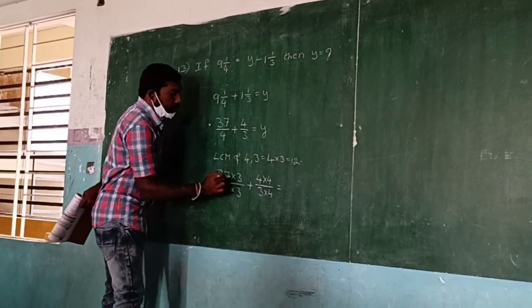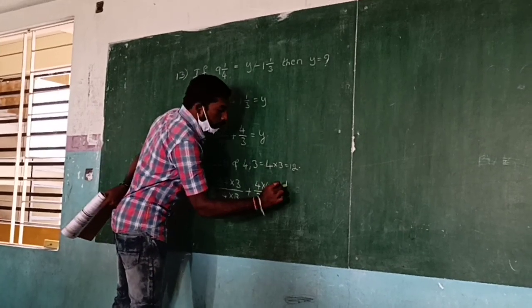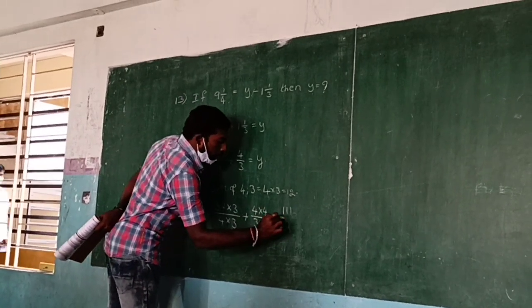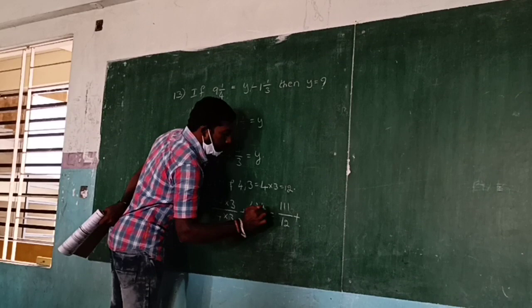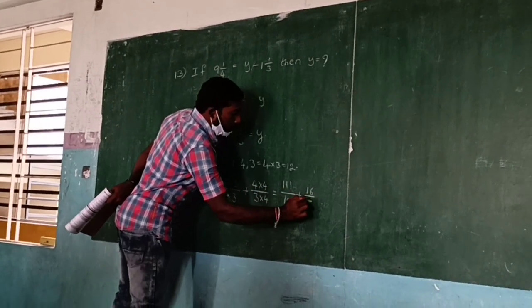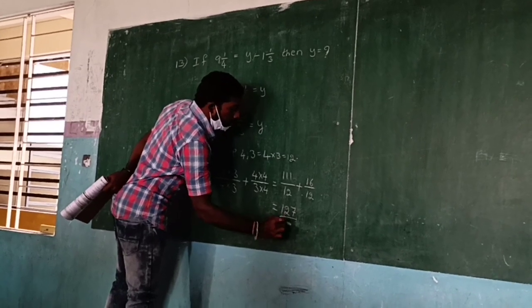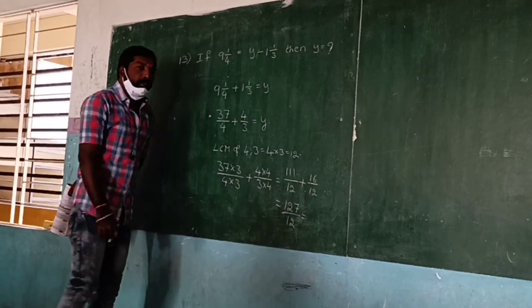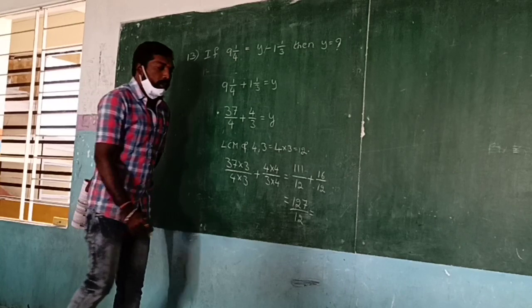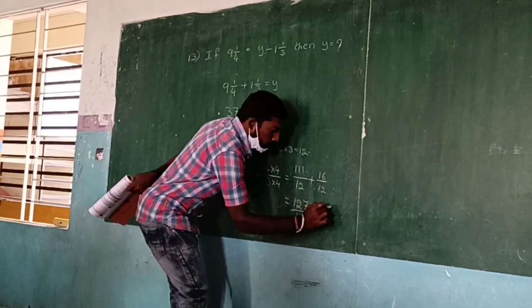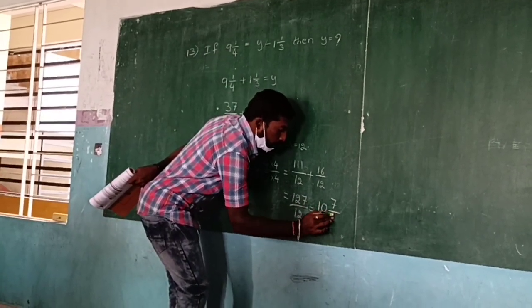That is equal to 37 3s, 111 by 12 plus 16 by 12, 127 by 12. 127 in 12 table. 10 times 7 by 12.